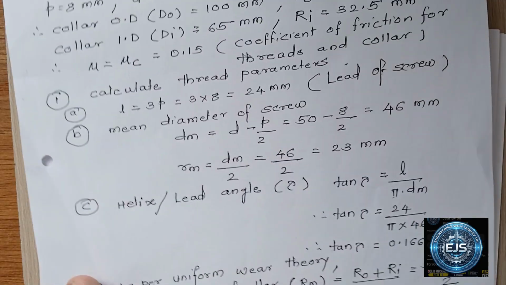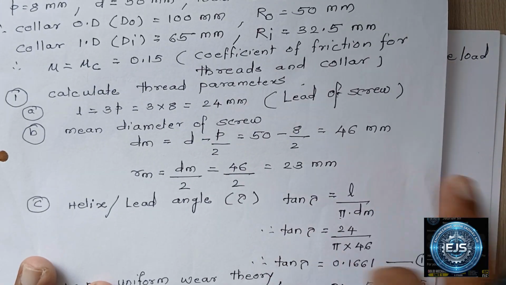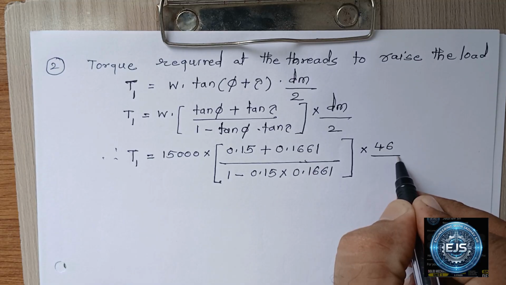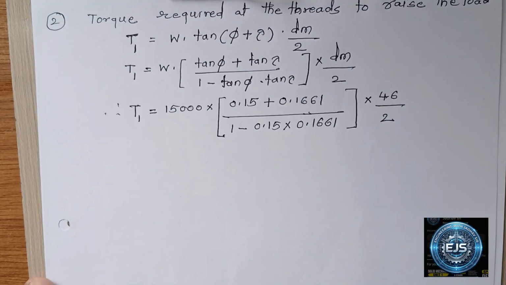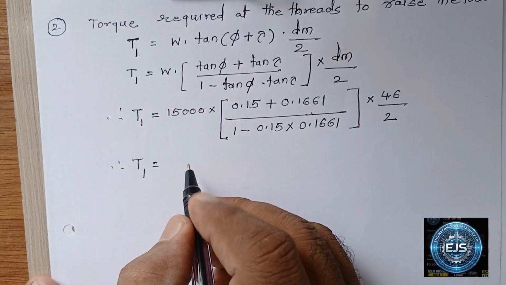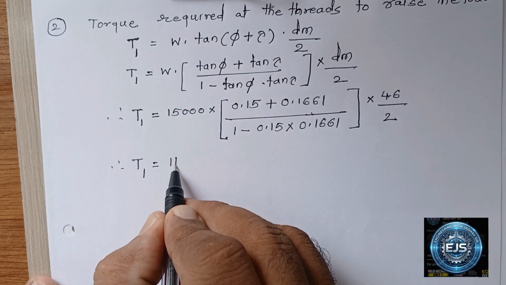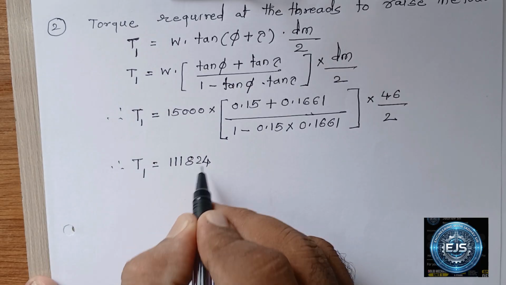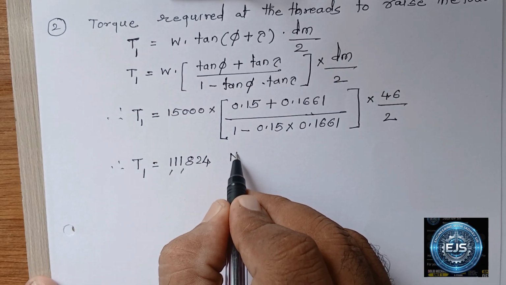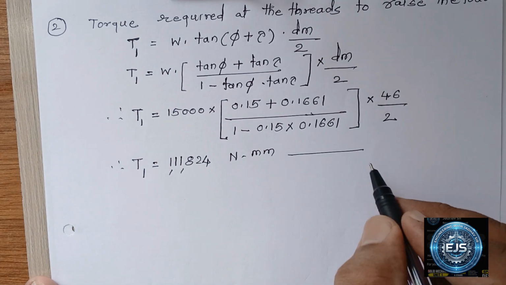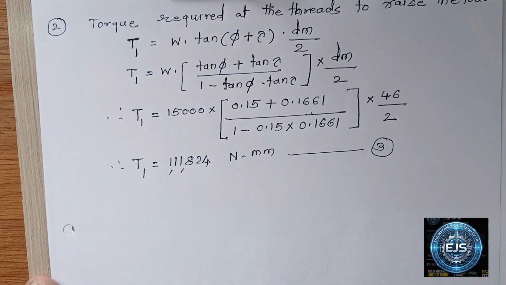We took mean diameter dm as 46 mm, so 46 divided by 2 is 23. So we get this torque required at the threads to raise the load W. T1 is 1,11,824 Newton mm, and this we mark as equation 3.